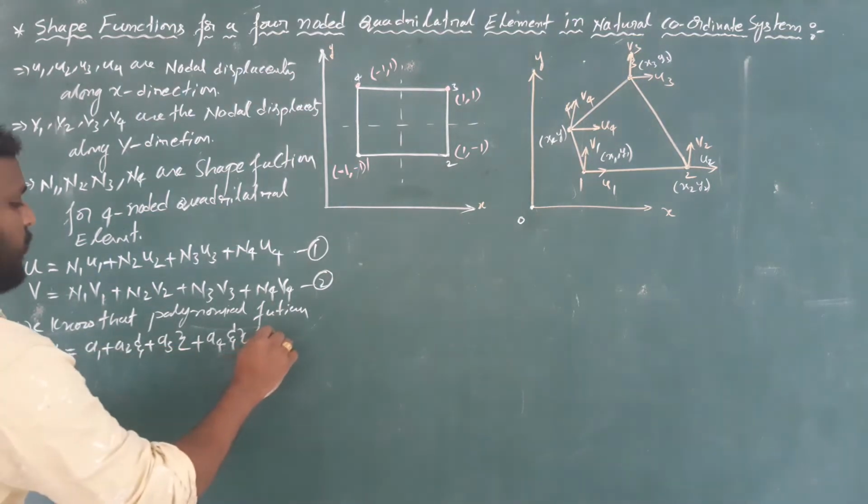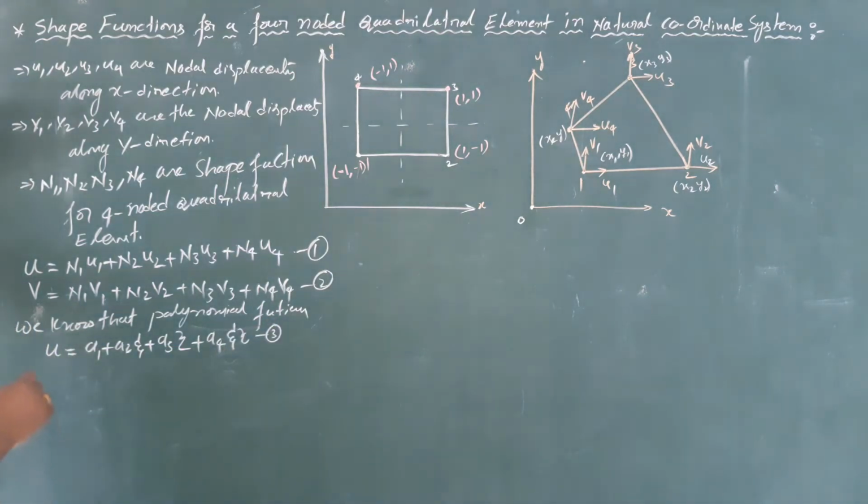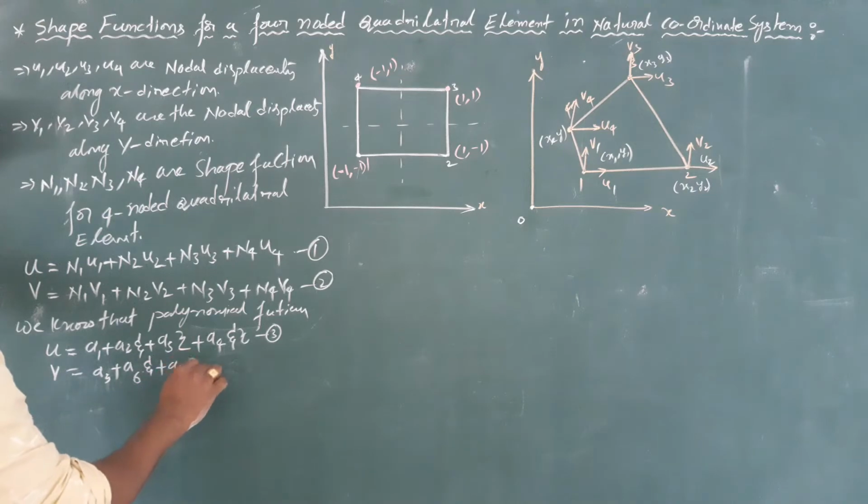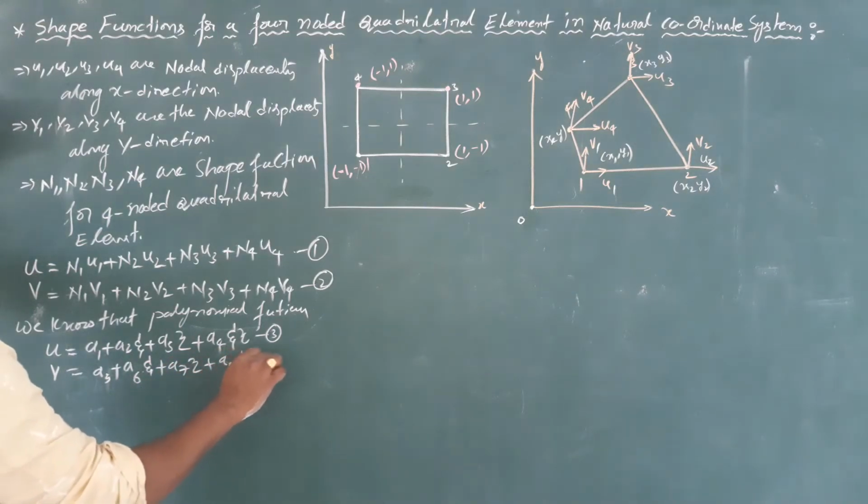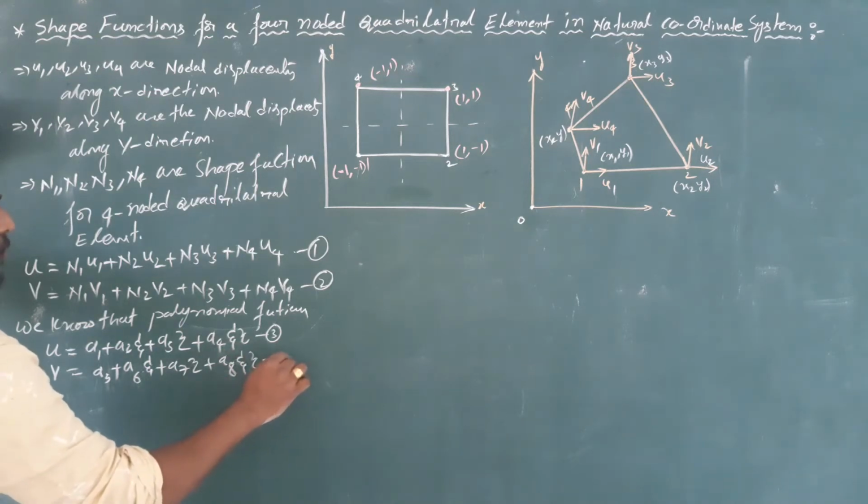This is equation number 3. Similarly, v = a5 + a6 ξ + a7 η + a8 ξη. It is equation number 4.